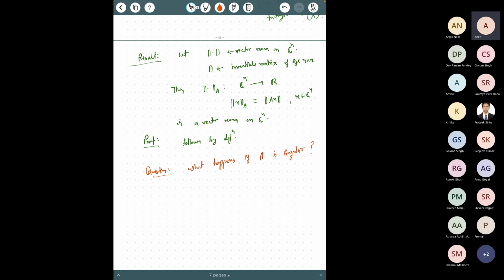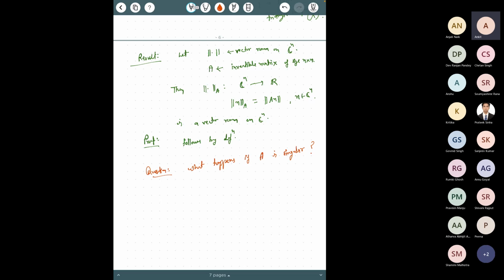And therefore it is important to know what is the relationship between two different norms. You understand what I'm trying to say here? So we have several norms, and different norms are useful for different purposes. But then we should also have a relationship that tells us, if I take any two norms, how they are related.